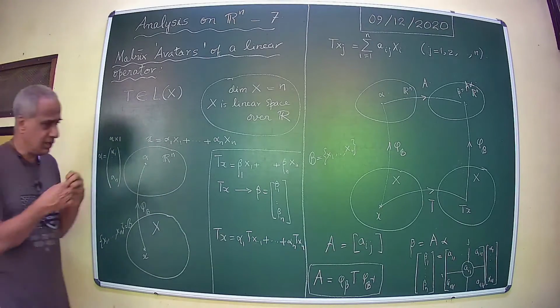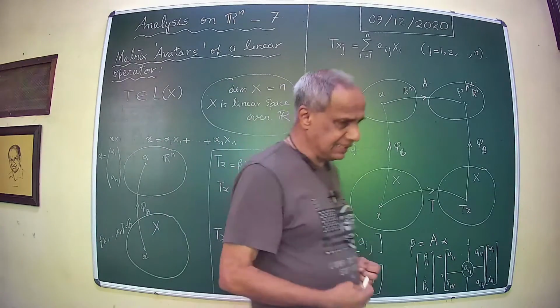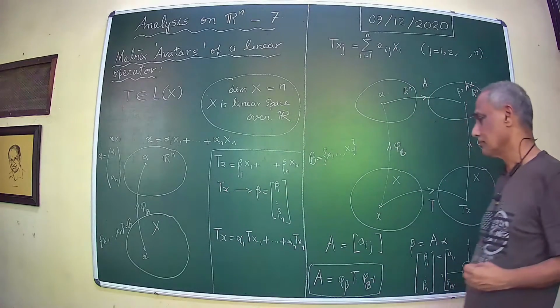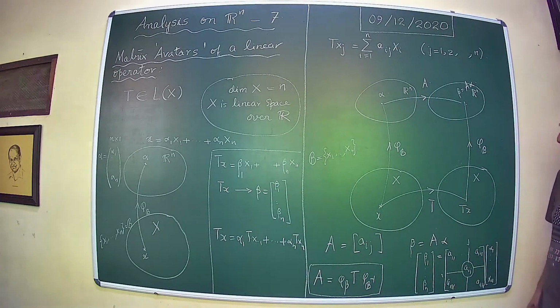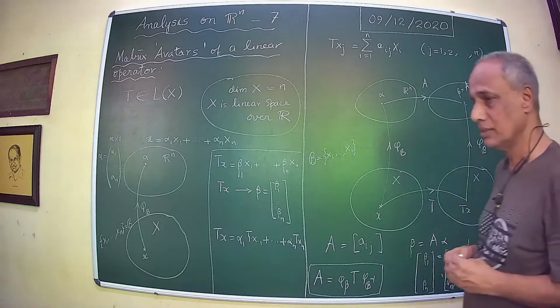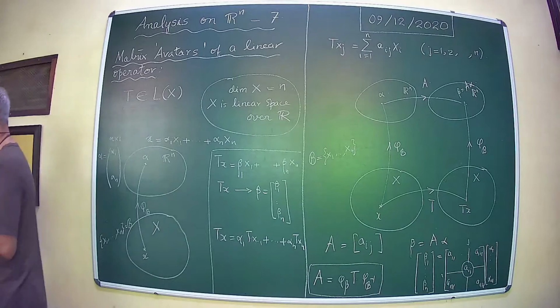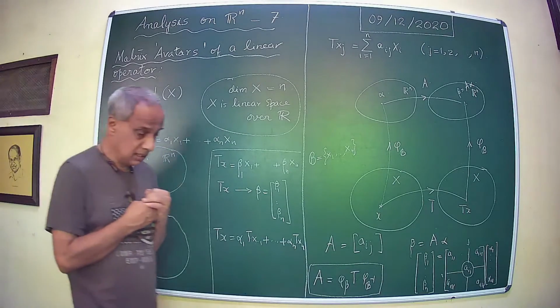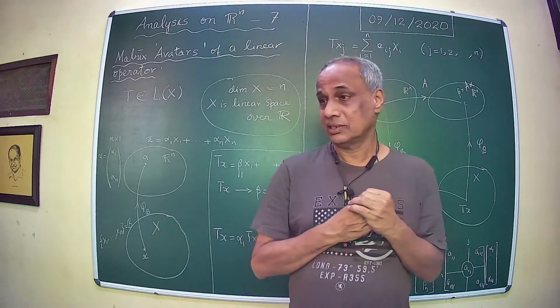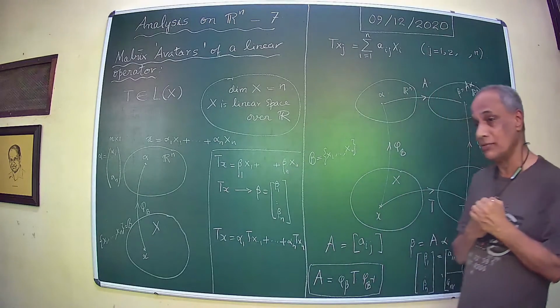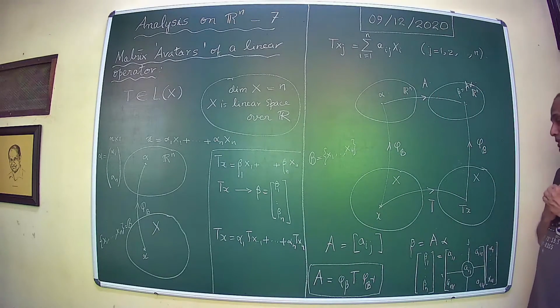So your natural question that you ask is, suppose you change the ordered basis, which means you change the isomorphism. Once you change the isomorphism, what happens?